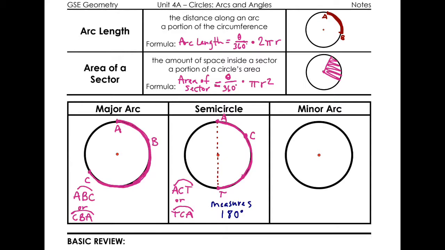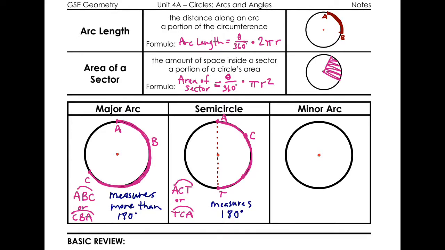Now, one thing to note here, very much like we noted that the semicircle measures 180, that a major arc measures more than 180 degrees. That's a major arc.